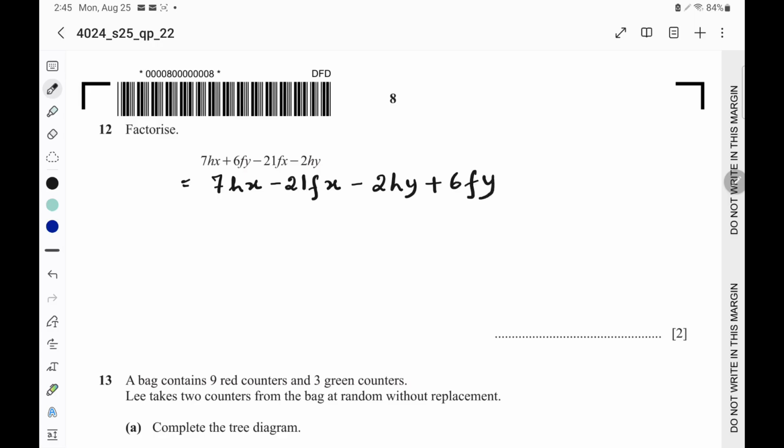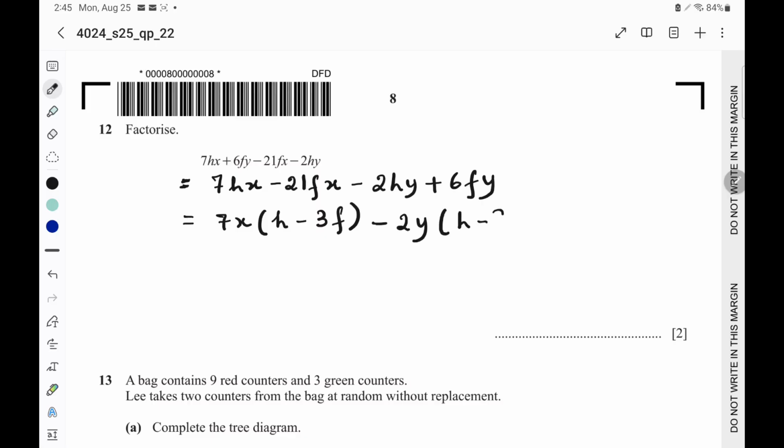Rearrange, then you can get something common, and if it is not possible, then you rearrange again. So 7x is common. 7x times h minus 3f, minus, you have to copy down the same sign, and then 2y is common.